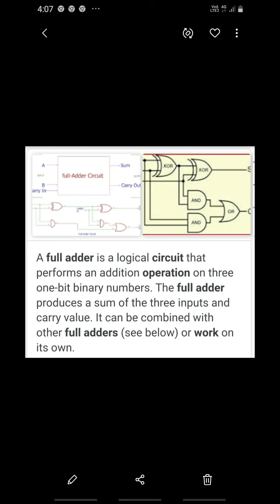In the above PPT, we show the symbol of the full adder. So here it contains three inputs A, B, and carry input C, and produces the outputs sum and carry, and its logic diagram is shown above.